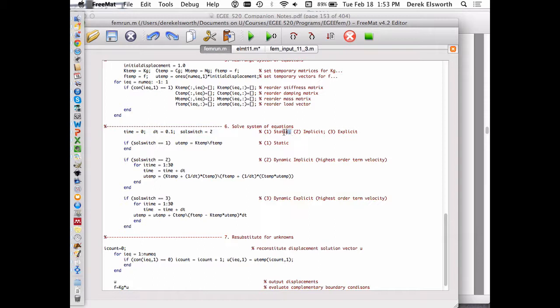If we're solving static problems, which we've done so far, we've set it equal to 1. If we're solving flow problems dynamically, we set it to either 2 or 3 depending on the problem. I just set it at 2 for solving this implicit case. There's a time step in there of 0.1.